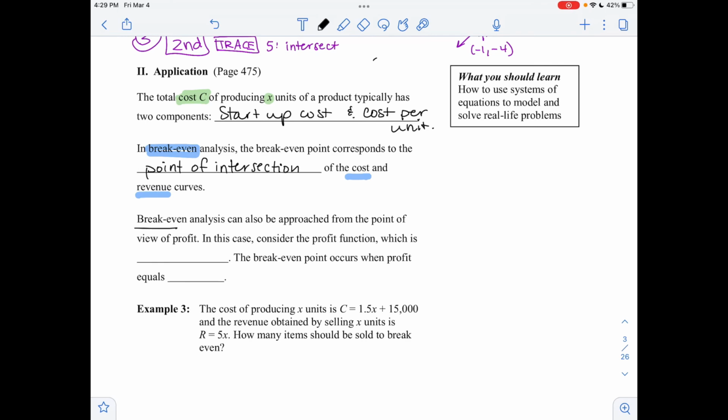A break-even analysis can also be approached from the point of view of profit. In this case, consider the profit function, which has to deal with both cost and revenue. So the profit equals the revenue function minus the cost function. The break-even point occurs when the profit equals 0, meaning I haven't made any money, but I haven't lost any money.